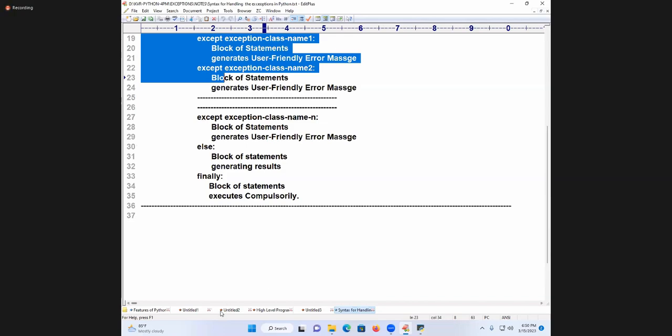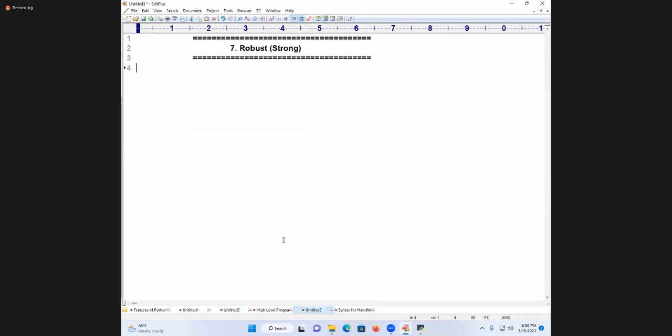What do you mean by robust? I just want to explain here. Robust meaning is, Python is a robust programming language, because it provides the exception handling facility.